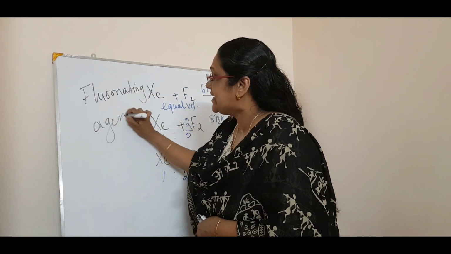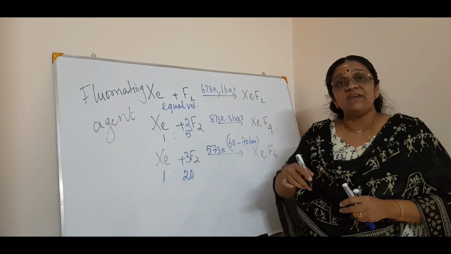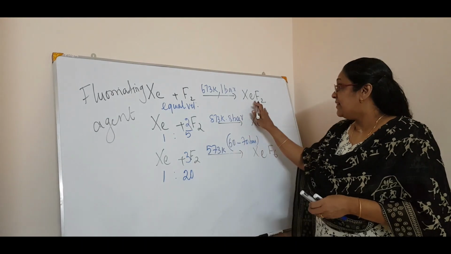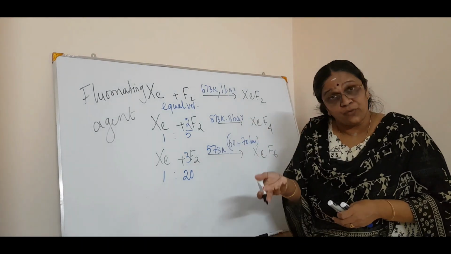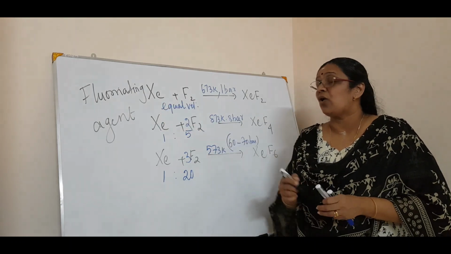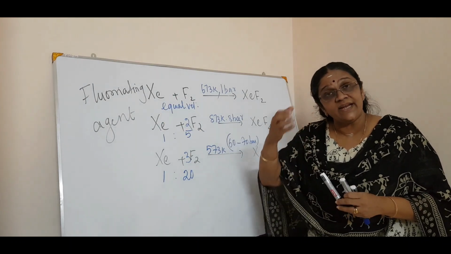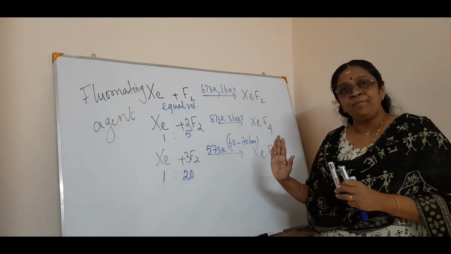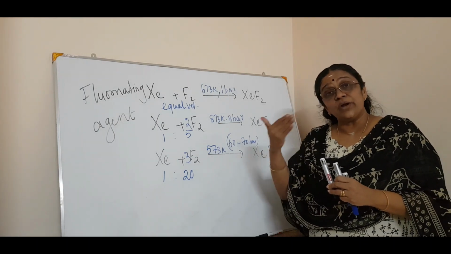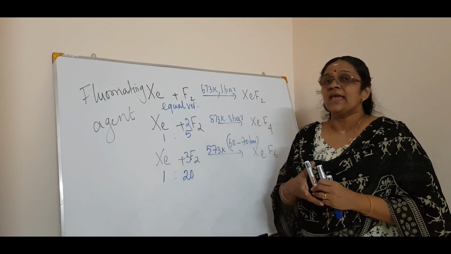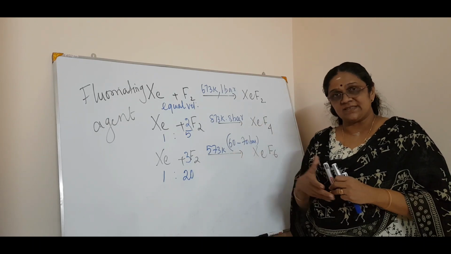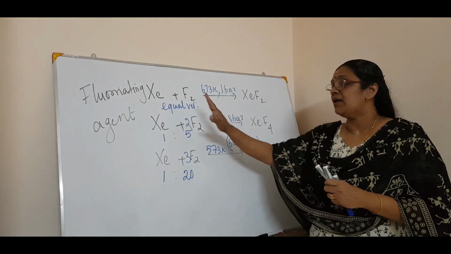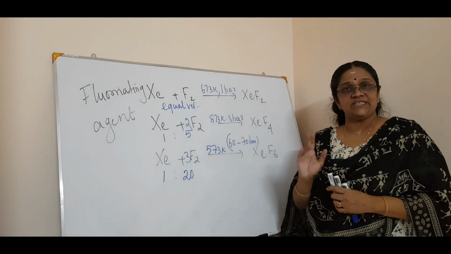Like oxidizing agents: an oxidizing agent means giving oxygen. Likewise, these are able to give out fluorine. That is why they are called very good fluorinating agents. Just keep in mind, all these fluorides are used as fluorinating agents. It can be one of the uses. So all these 3 are very good fluorinating agents.